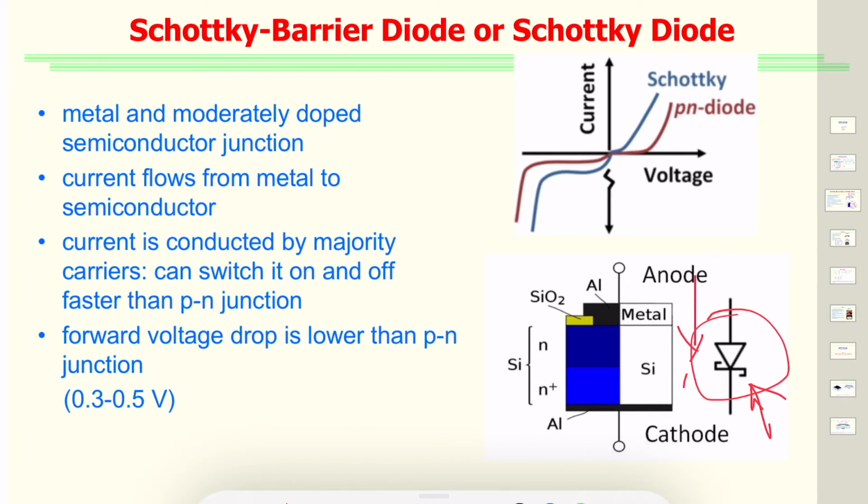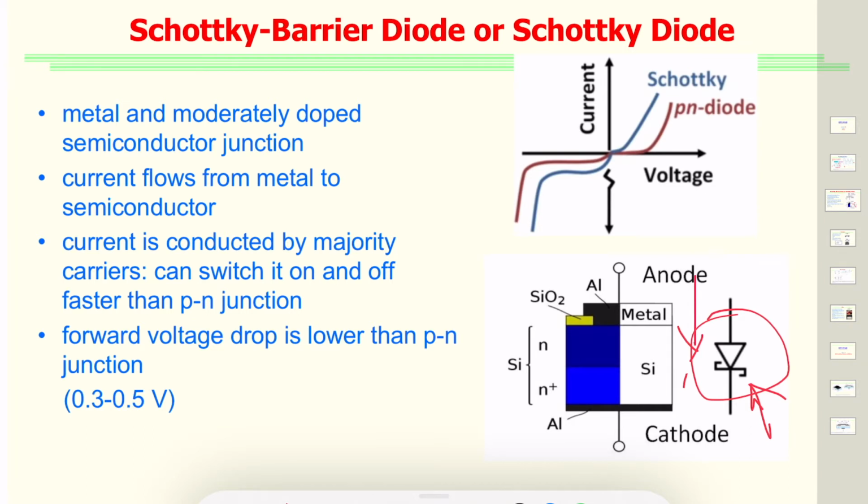The current-voltage characteristic of a Schottky diode is very much like a regular PN diode with very small variations. The values may be different, but the behavior is very much the same as a regular diode.